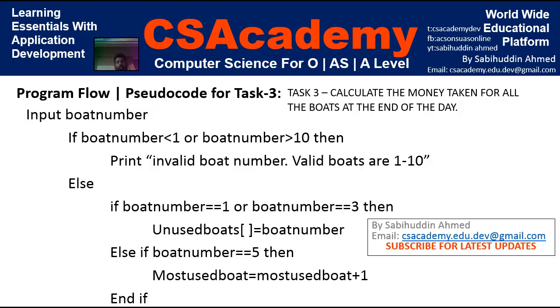If board number equals 1 or board number equals 3, then, because we have already stored this in an array and the array has been displayed, we are just going to show you the output in the form of fixed data. Now if board number equals 1 or board number equals 3, then under unused boards, the empty array equals board number.